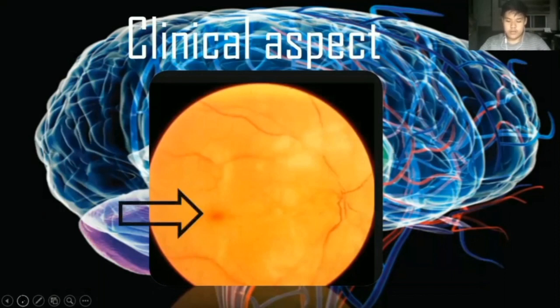The arrow pointing on a red-colored spot is the cherry red spot in the fovea. It is seen as a circular choroid shape. That's why it is called the cherry red spot. It's a finding in the macula of the eye in central retinal artery occlusion. The usual cause of this cherry red spot is embolism, which blocks the central retinal artery.